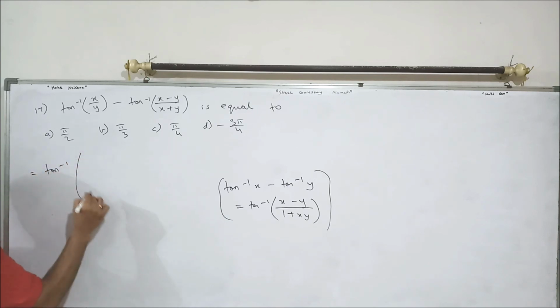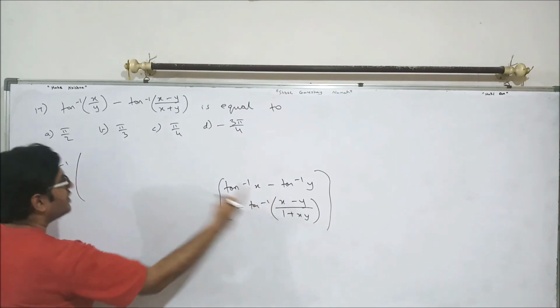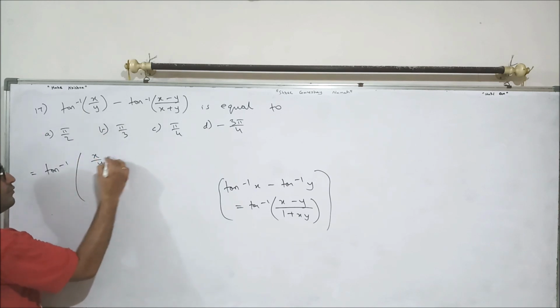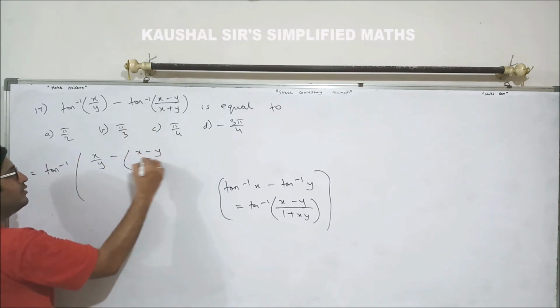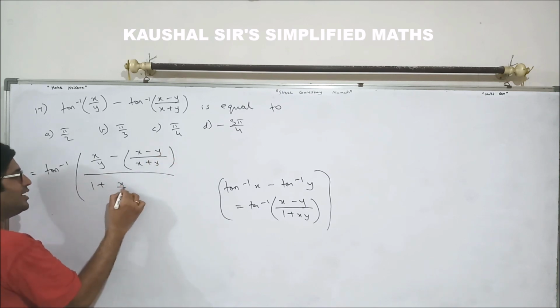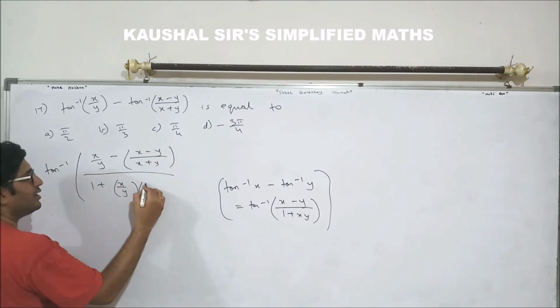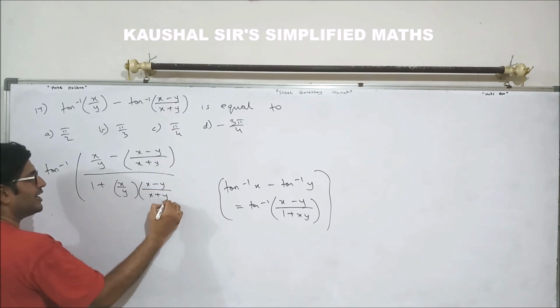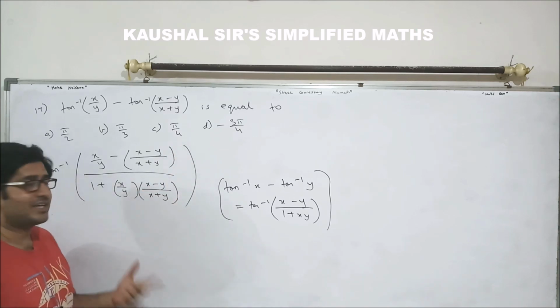So what do we get is tan inverse of, what will come here? In place of x we are putting x upon y, in place of y we are putting this bracket, upon 1 plus x upon y times x minus y upon x plus y. Now let's simplify by taking LCM.